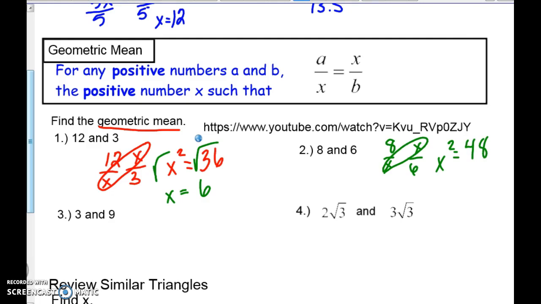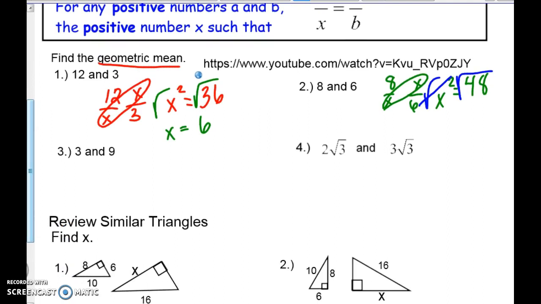Now what do I have to do? Square root of x, square root of 48. Okay, I don't want decimals. So somebody remind me, how can I break it down? How can I break 48 down? 2 and 24, 2 and 12, 2 and 6, 2 and 3.